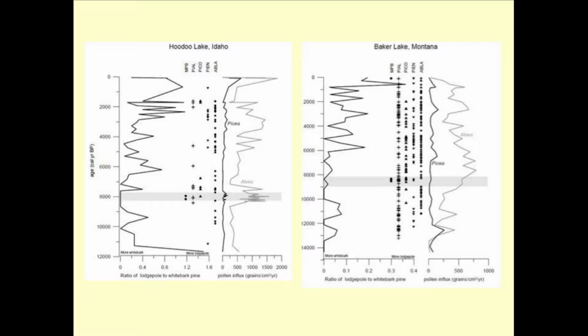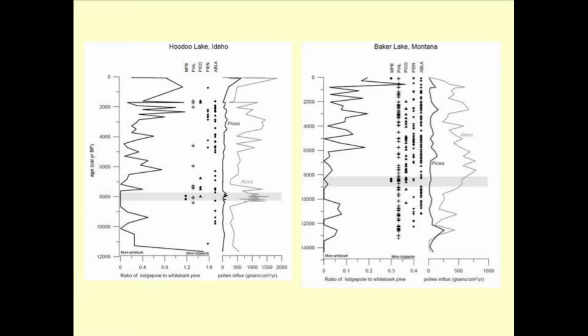Present is at the top. And we have 12,000 and about 14,500 years ago on the bottom, respectively. And the column to look at is this one right here that says MPB. And you can see that in Hoodoo Lake, we had 2 occurrences of mountain pine beetle around 8,000 years ago. And then in Baker Lake, we had evidence.